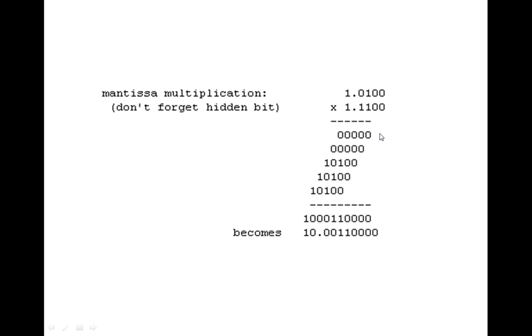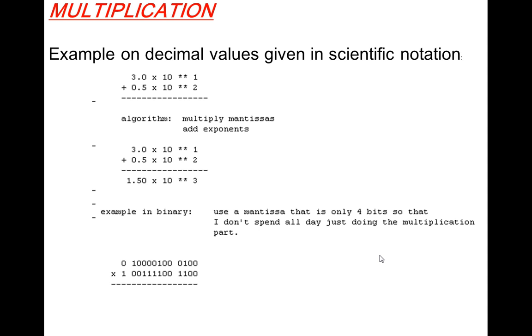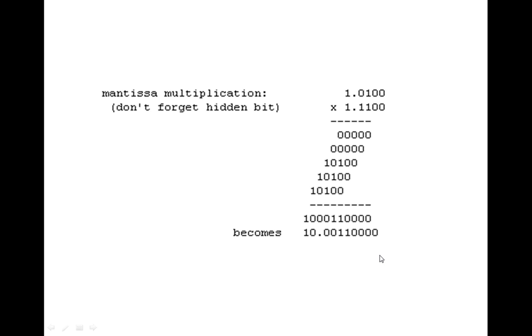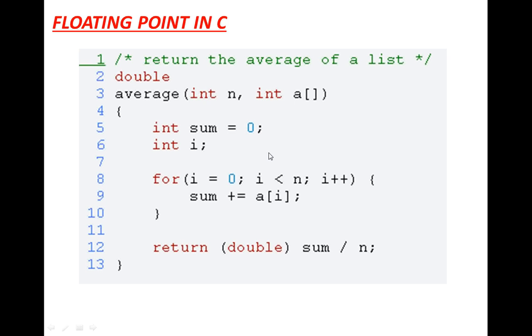Now after multiplying, add all the bits step by step. First of all take 2 collections of bits, then take another 2 collections of bits, another 2, and another 2, and then add the values, and the output is 10.00110000. This is how we can multiply the bits in floating point representation.